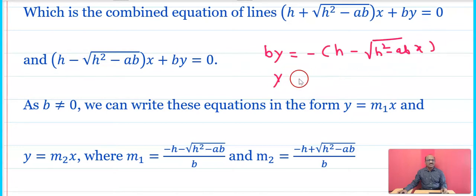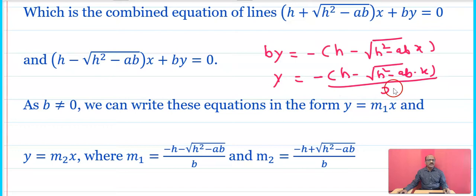Therefore, y = −(h − √(h² − ab)) x, and this whole divided by b.